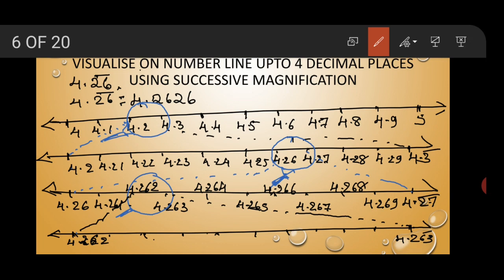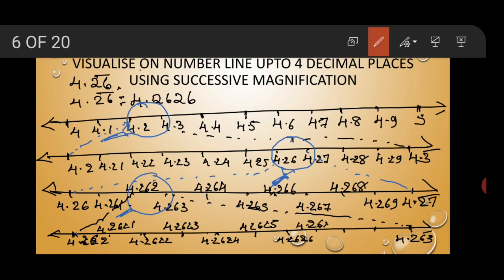This is what? This is 4.2621. This is 4.2622. This is 4.2623, 4.2624, 4.2625, 4.2626.